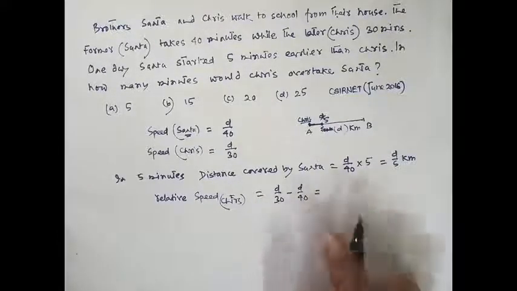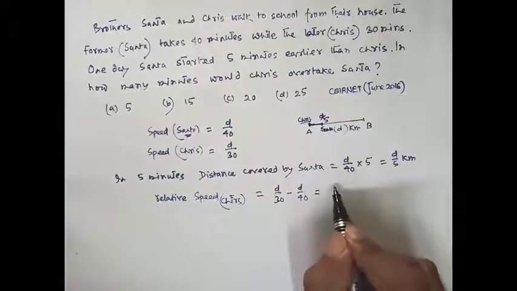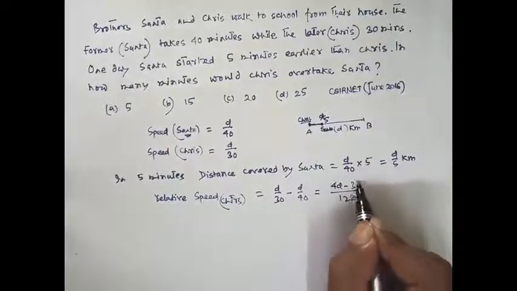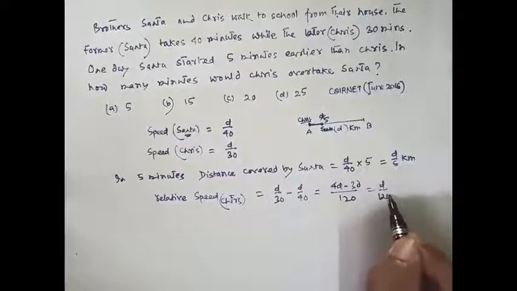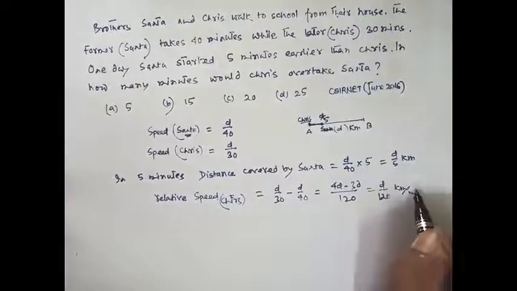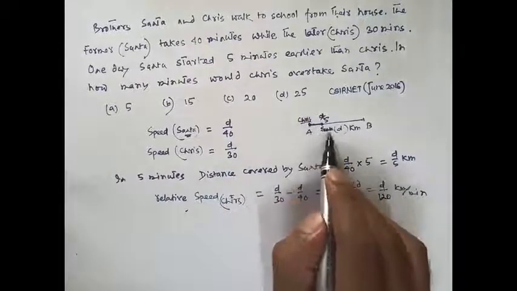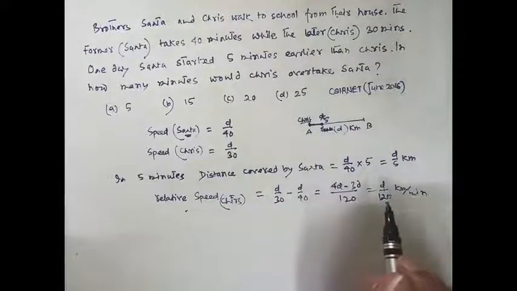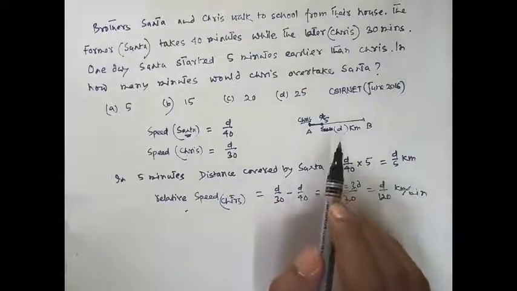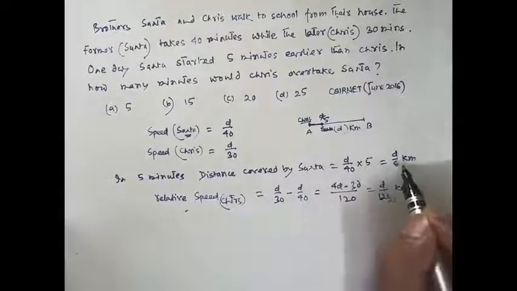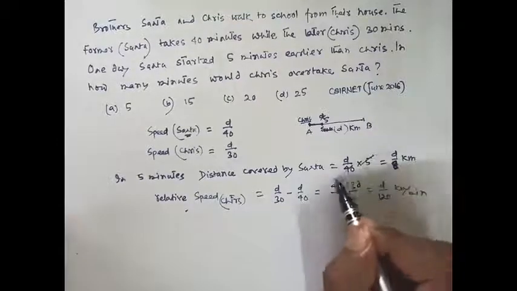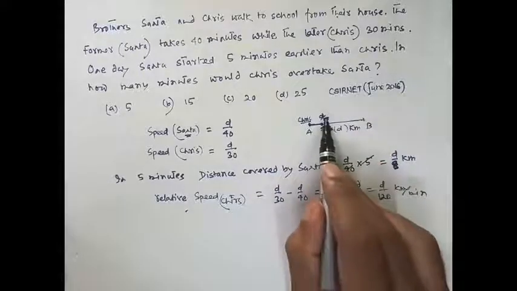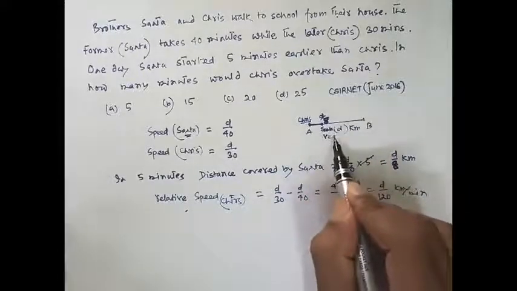So it will be (4d minus 3d) by 120, that is d by 120 kilometer per minute. So the relative speed of Chris with respect to Santa is d by 120. Now consider that when Santa is at d by 8, the velocity of Santa is 0.